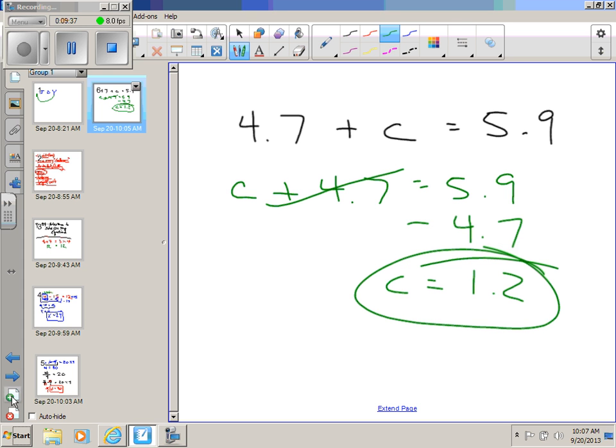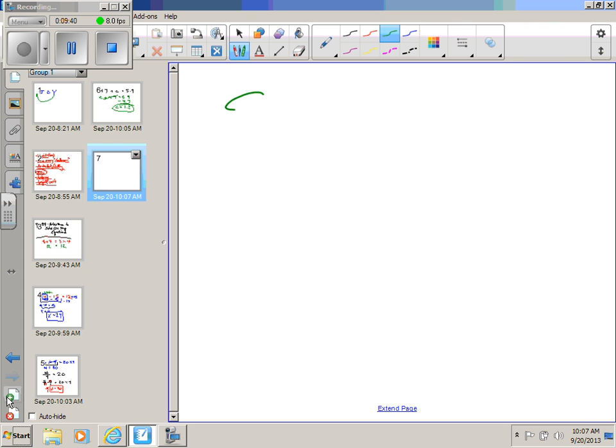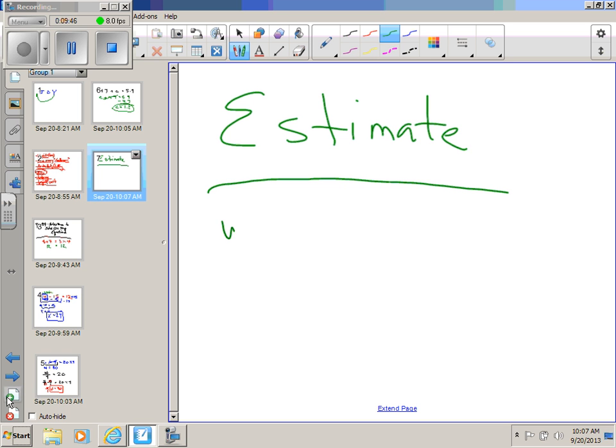There are times in which they'll ask you to estimate. If they ask you to estimate, use what they give us and say, well, I probably don't want to use 6.14 or 6 and 1400ths.